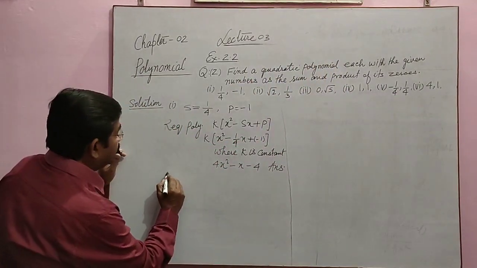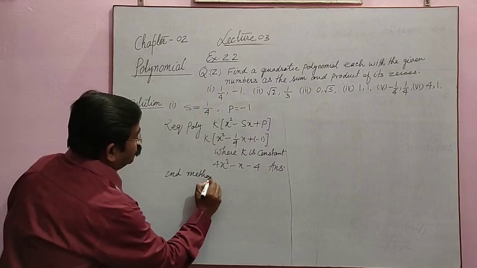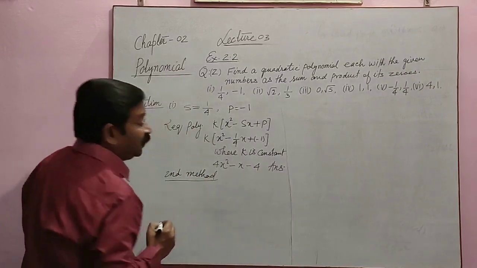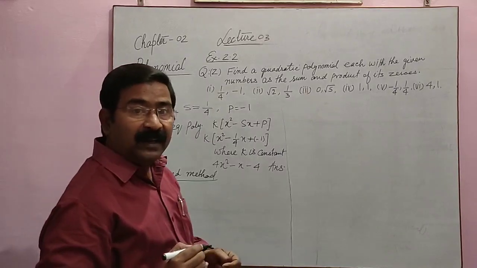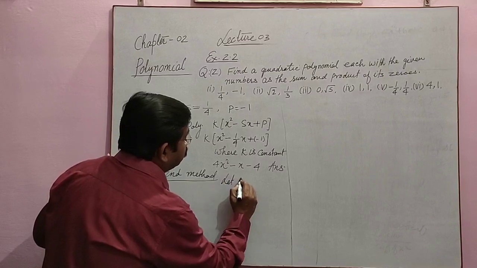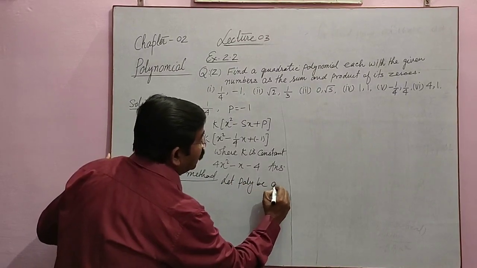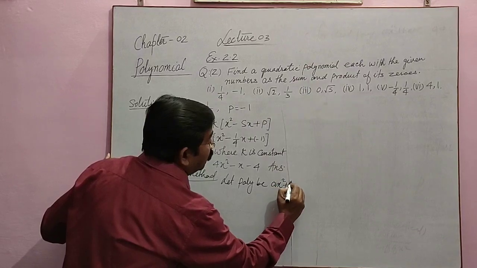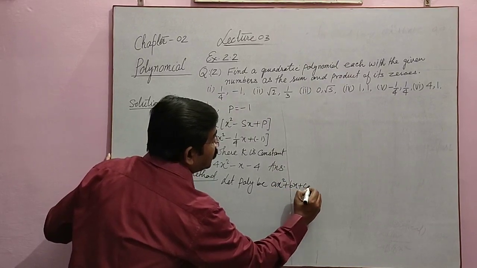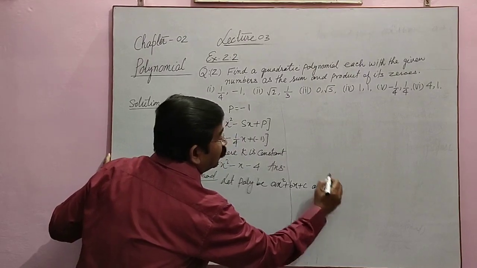I am writing here, second method. In second method, we will assume a general polynomial. Let polynomial be ax square plus bx plus c and a is not equal to 0.